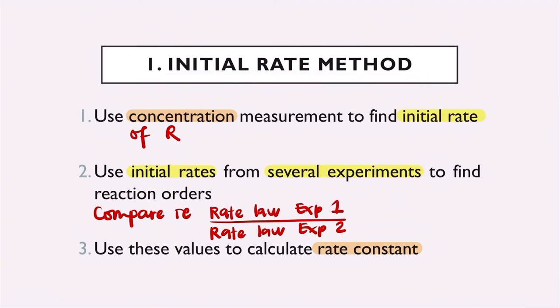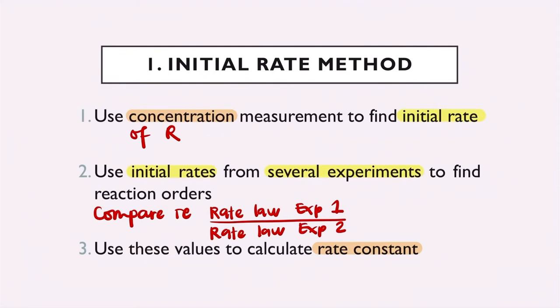In the initial rate method, you will first use the concentrations of reactants measurement to find the initial rate. Sometimes the initial rate is already given. Then you are going to compare your rate law for, let's say, experiment 1 with experiment 2. You divide them so that we can find our order of reaction for a specific reactant.